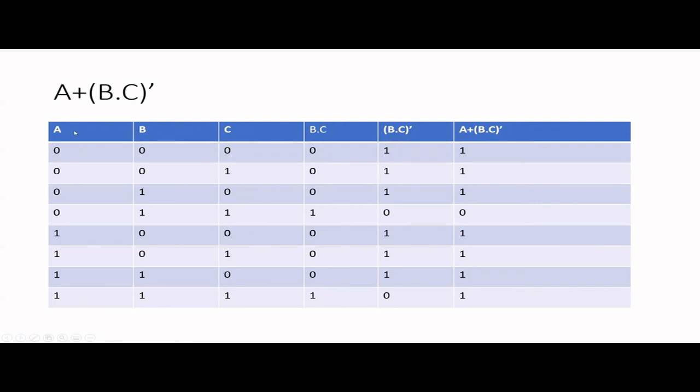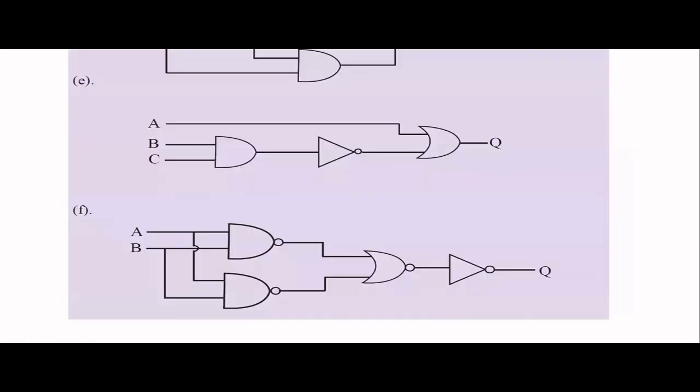And I take this and A. I'm doing an OR operation. That means if at least one is 1, then you have output as 1. So in this one 0, 0, so your output is 0. In all other scenarios, we have at least one 1. So that's how this is coming. Okay, next one.